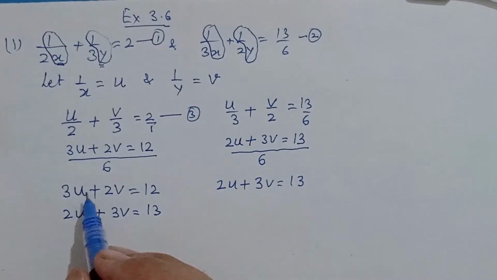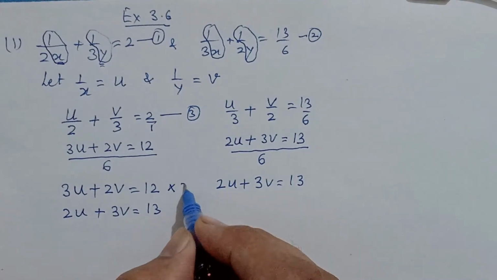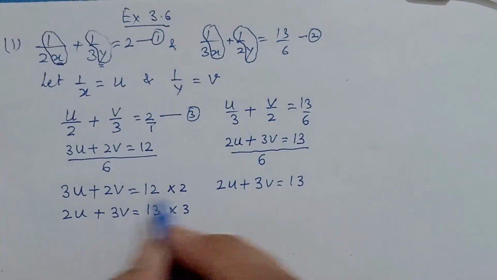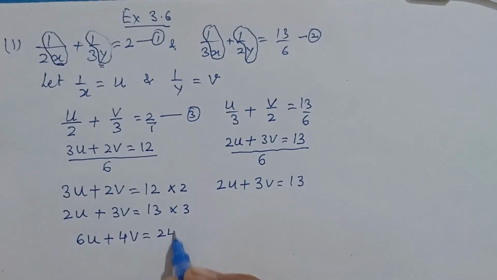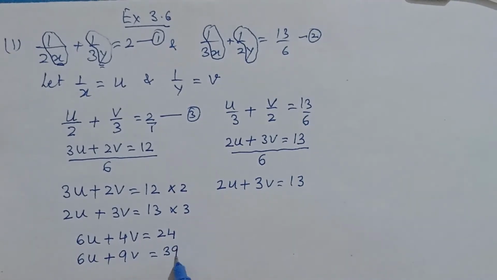Now make the coefficient of u equal. For making the coefficient of u equal, we have to multiply this equation by 2 and this equation by 3. So 2 into 3, 6u plus 4v is equal to 24 and 3 2s are 6u plus 9v is equal to 39.